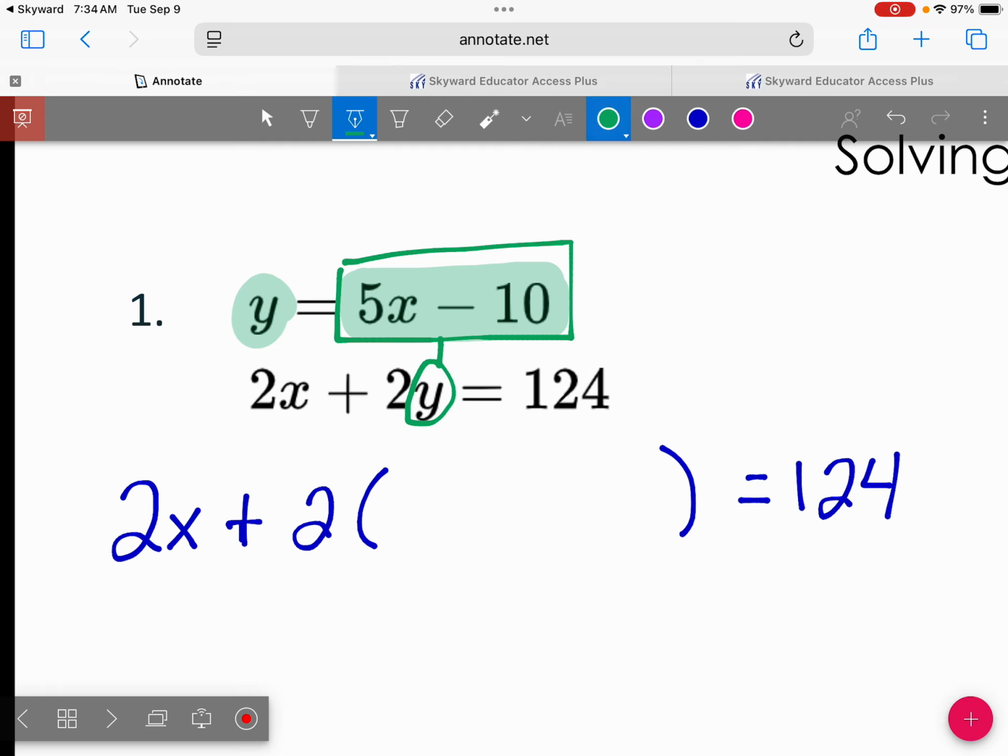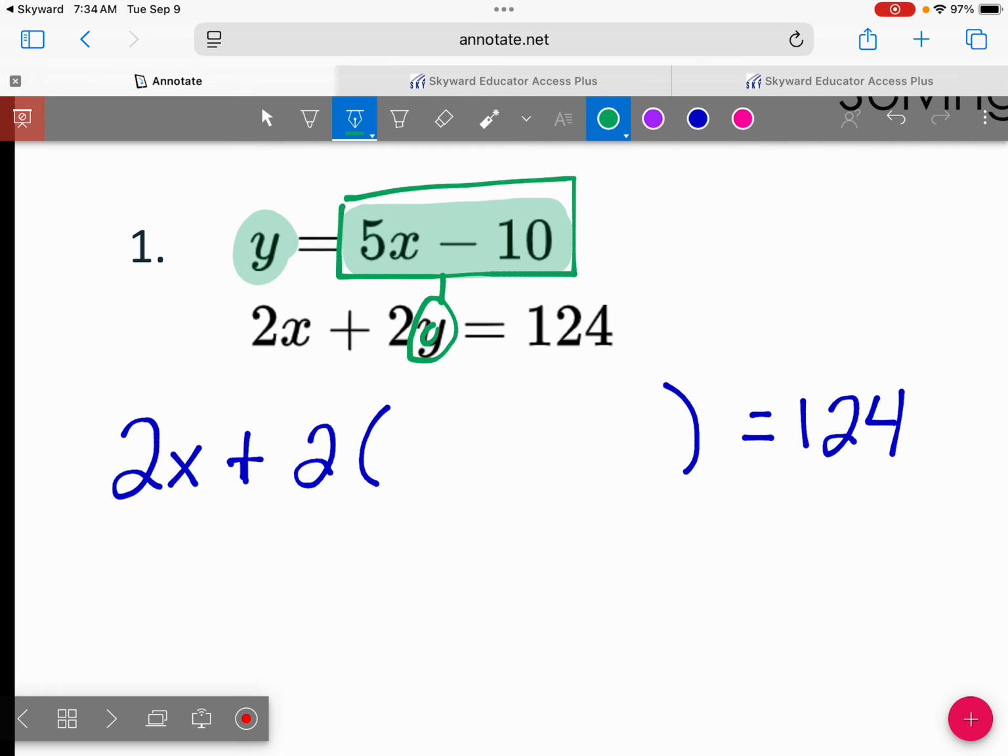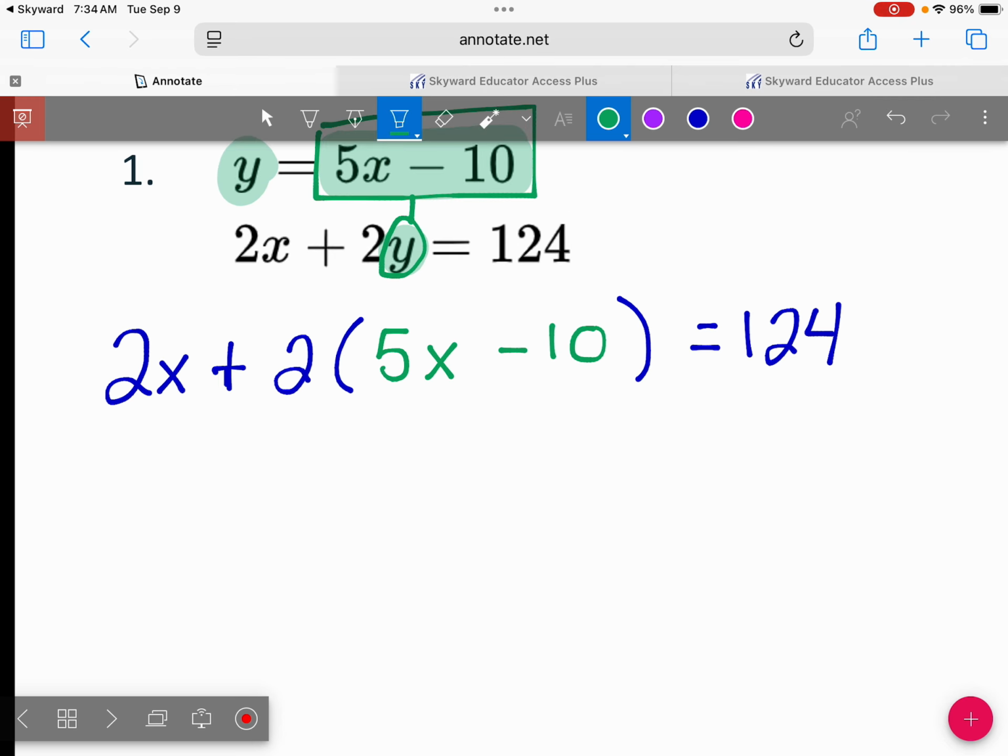That green equation, my y equals, is going to go in place of the y. Nothing else is changing. I'm just taking the 5x minus 10 and putting it where the y used to be. Pick it up and squish it in. Once we have them smushed together, then we're ready to simplify.